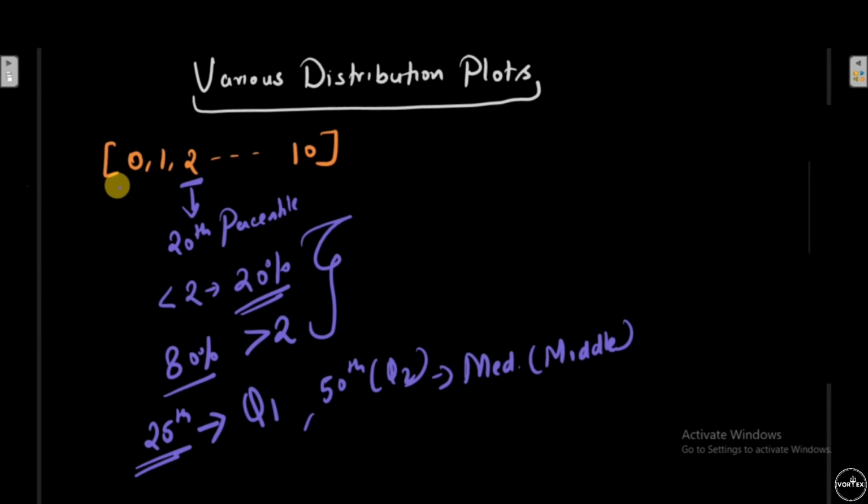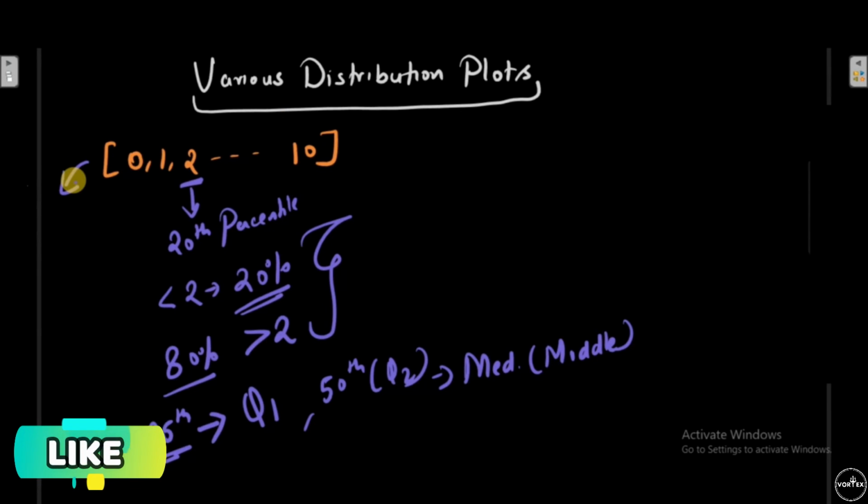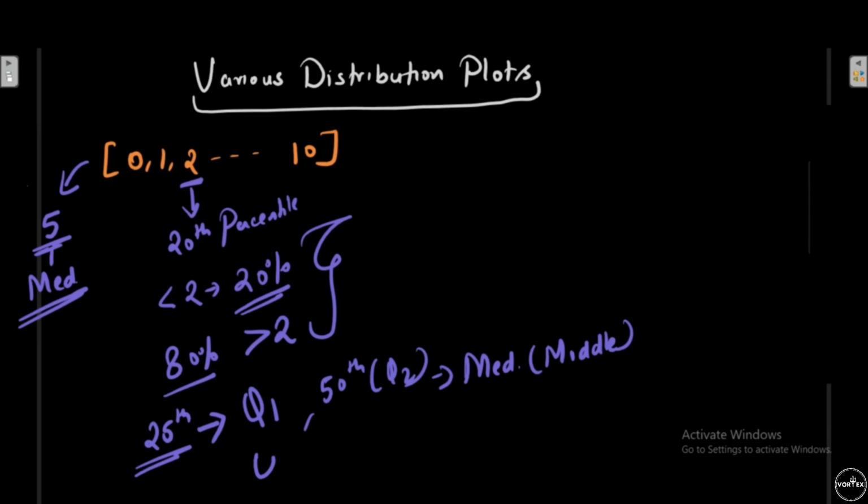Given a bunch of numbers, what is the middle value? I can simply say my middle value is 5. This is what the median is all about. Similarly, Q3 is my 75th percentile value.